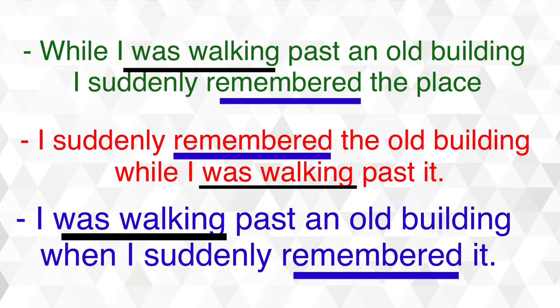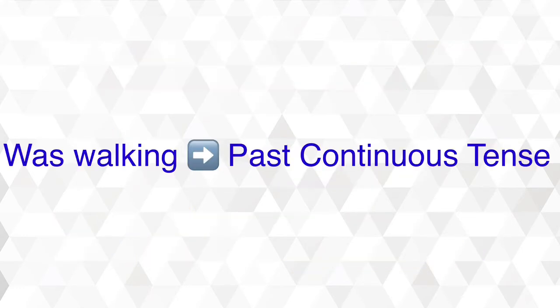Or, I suddenly remembered the old building while I was walking past it. Or you can also say, I was walking past an old building when I suddenly remembered it. So, was walking is in the past continuous. It is the long action which was not over yet. And remembered is in simple past, which was over.